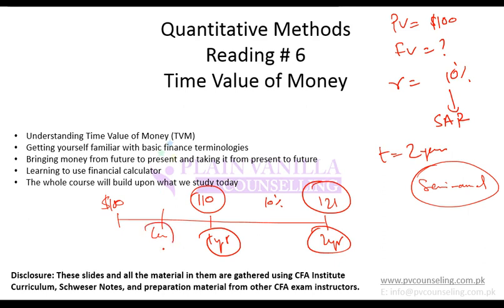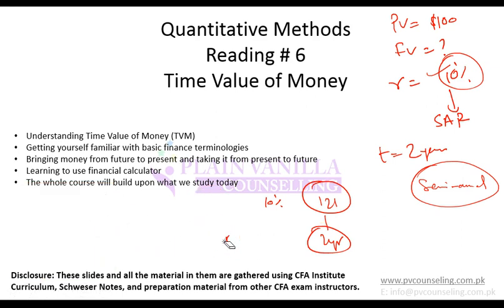That means the 6-month return should not be the same as the 1 year return. So in stated terms it will be the same, that is, the stated rate is 10%, but the actual return that you are getting out of it will be different. And if that actual return is different, then your future value will also be different. So that means if compounding changes, your actual return or your future or present value will change.